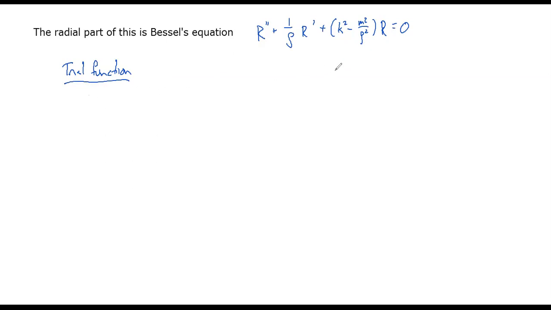So there's a little bit of a caveat here. We didn't have to deal with this with the harmonic oscillator, is that we blow up at rho equals 0. So we have solutions that may possibly blow up, and so we need to accommodate those.